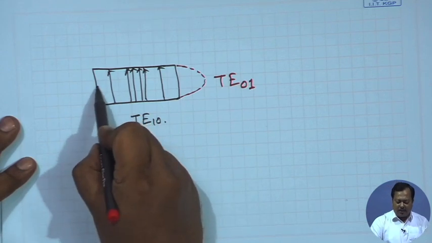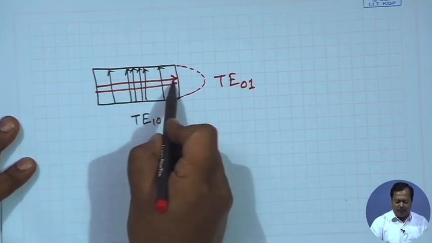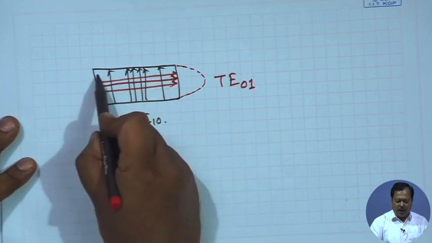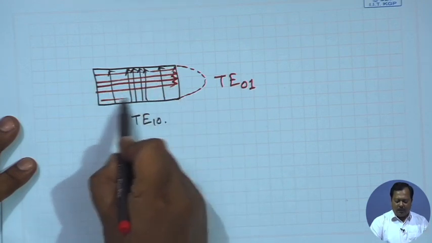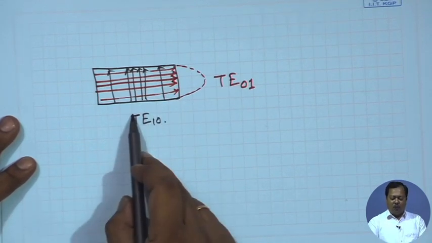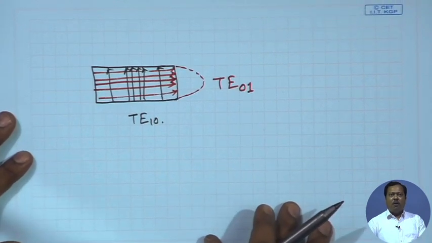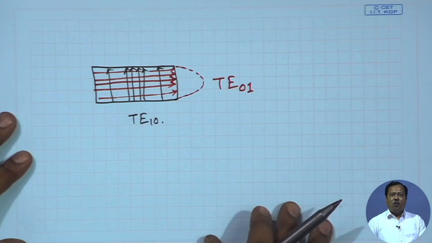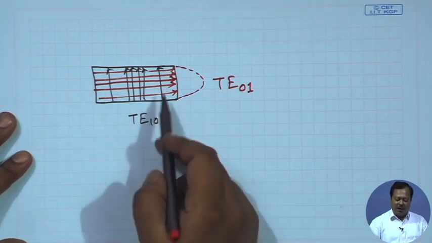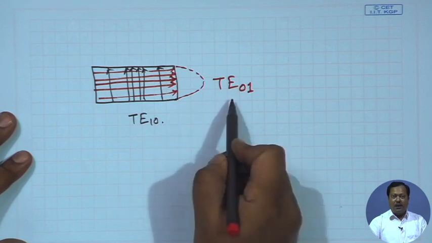In that case, we will have maximum on the central plane here, and then on the side walls it will be 0. These two modes, TE10 and TE01, are called orthogonal to each other, and if we do not use any bend or any other structure, there won't be any mode coupling.